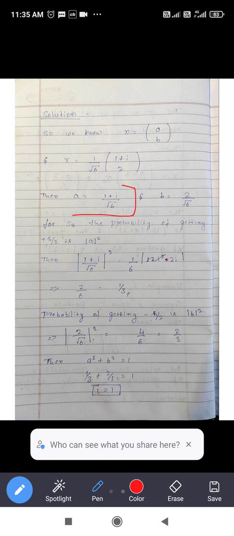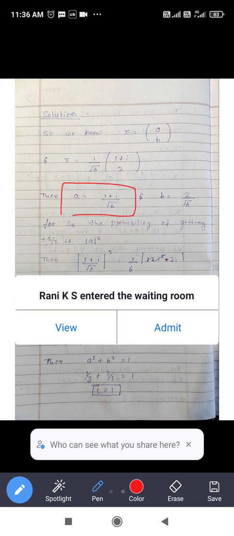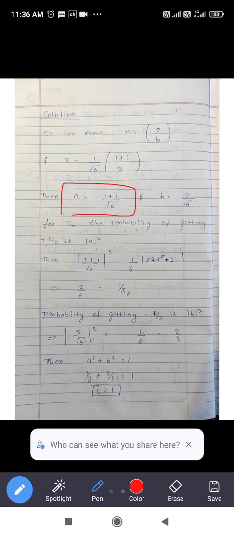A is (1 plus i) over root 6. Then mod a square is mod of (1 plus i) over root 6, whole square. So root and square get cancelled. We get 1 over 6 into (1 plus i) whole square. This is (a plus b) whole square. So 1 square is 1, plus i square, plus 2 into i.